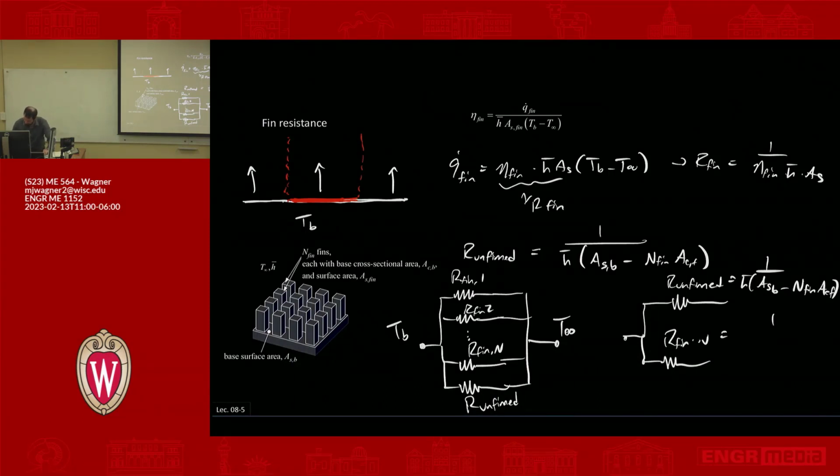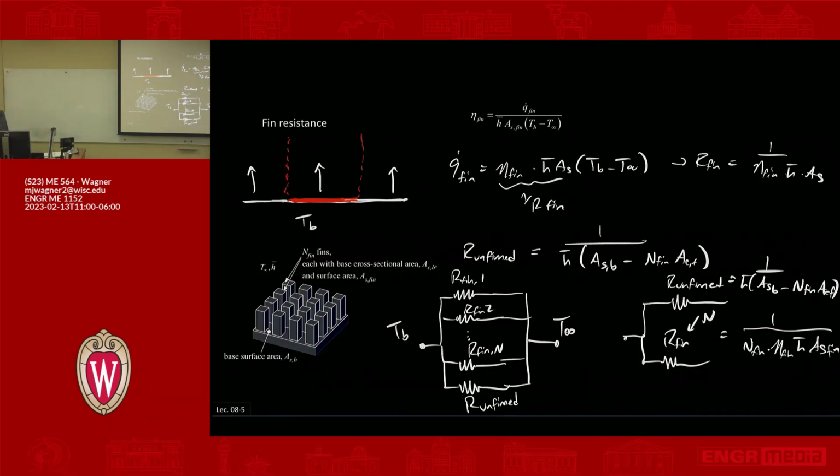Yeah, so it's R fin. The N goes in the denominator. There are N of these, right? So I'll draw it like this. There are N of these. But you're exactly right. It looks like this. So it's 1 over N fin times eta fin times h bar times A_S fin.